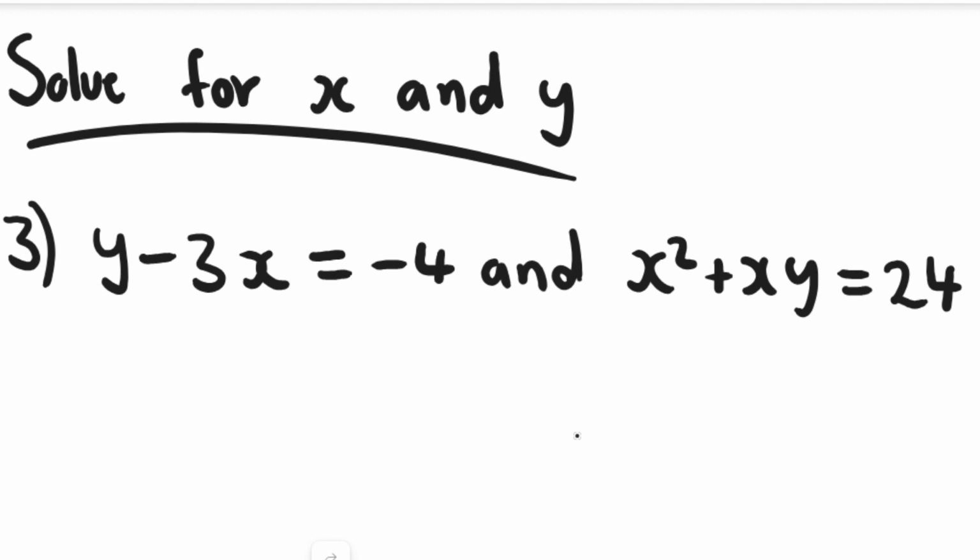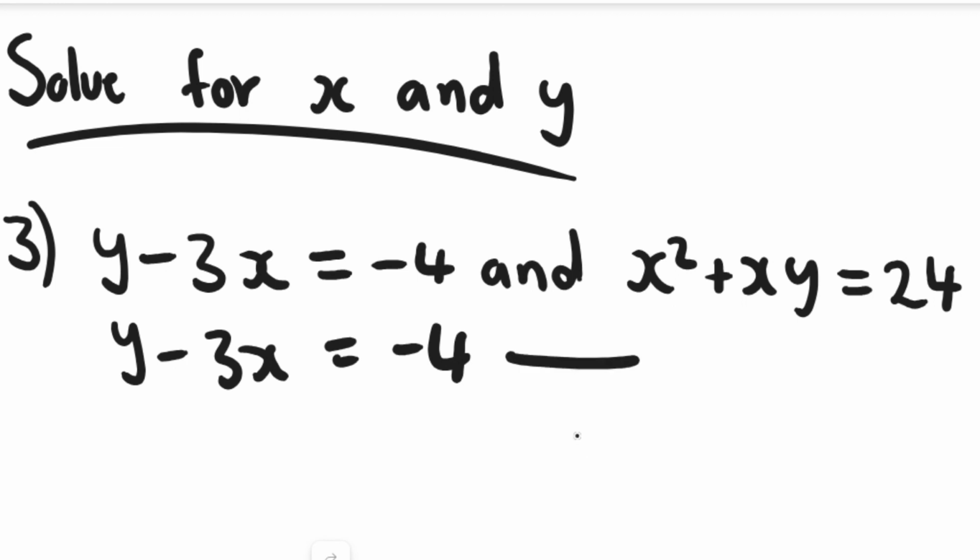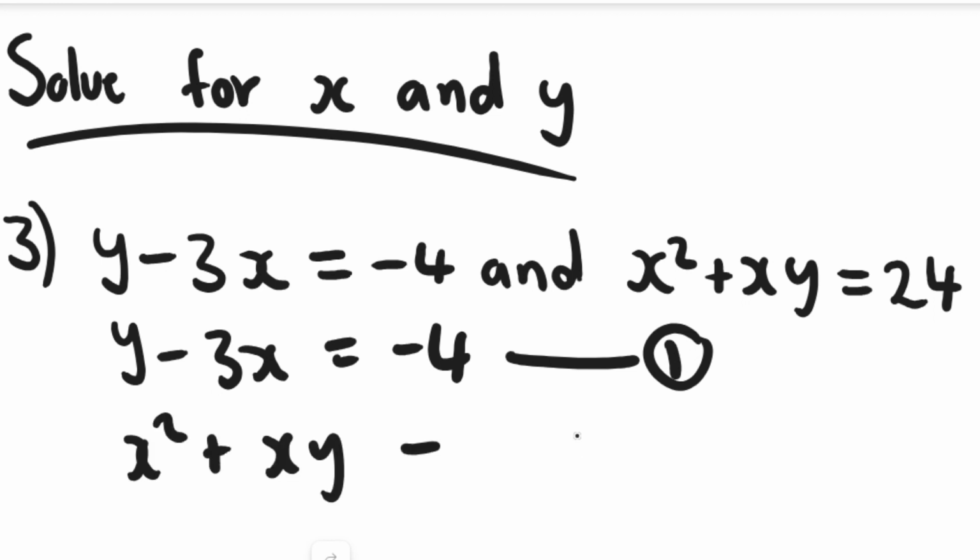We're going to write y minus 3x equal to minus 4 as our equation 1, and then we write x squared plus xy equal to 24 as our second equation.